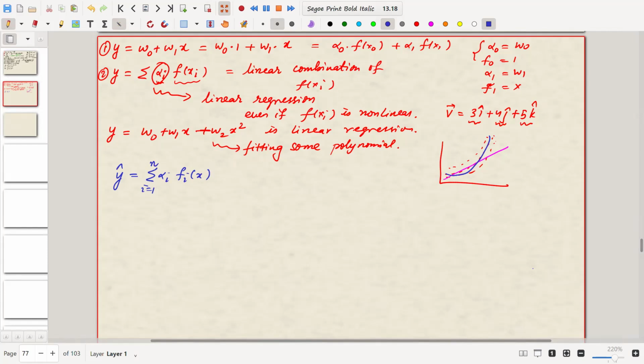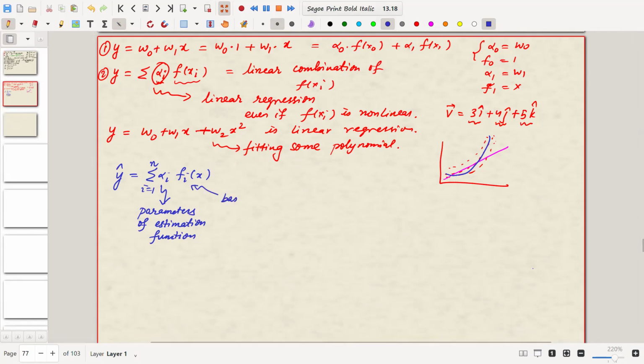Alpha i are referred to as parameters of the estimation function, and f(xi) are the basis functions.